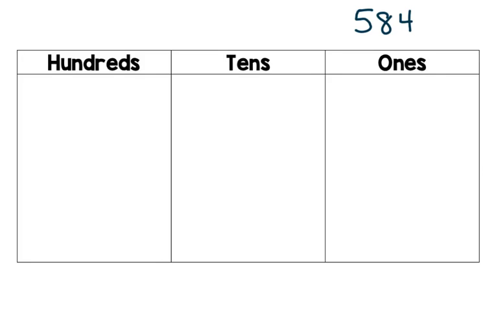I'm going to put a 4 in the ones column, an 8 in the tens column, and a 5 in the hundreds column. Now I'm going to draw a picture to represent this number just like we did on the previous slide. So I'm going to draw 4 ones. 1, 2, 3, 4.